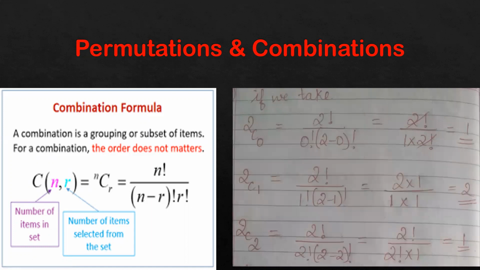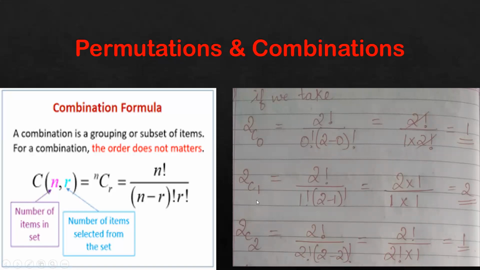For example, if I tell you to find out the value of 2C0, how will you find out? You will put it in the formula: 2 factorial upon 0 factorial into (2 minus 0) factorial. 0 factorial is nothing but 1 and 2 minus 0 gives you 2 factorial. So 2 factorial gets cancelled, you're left with 1.